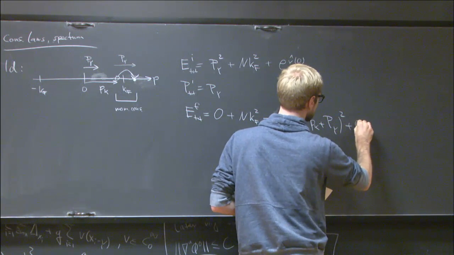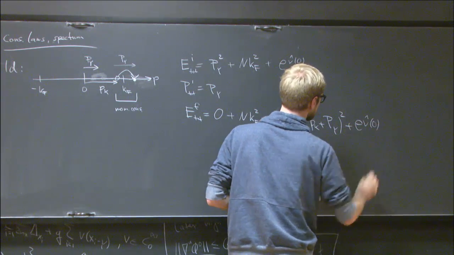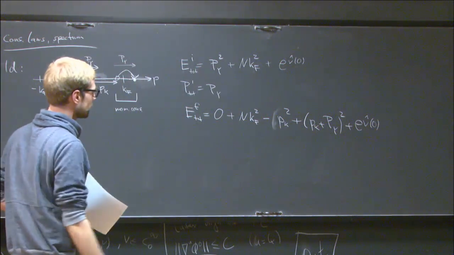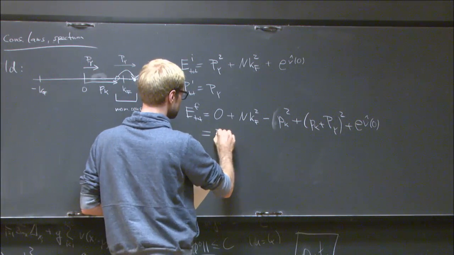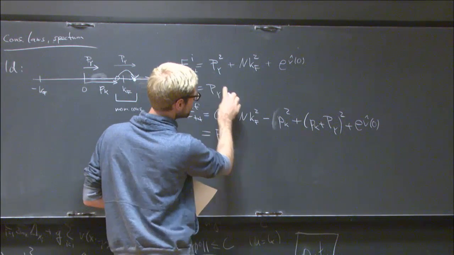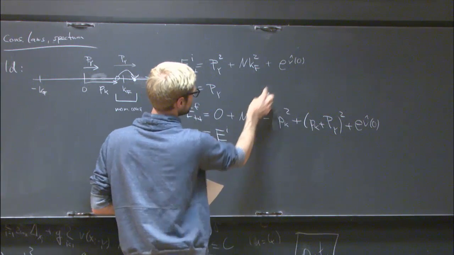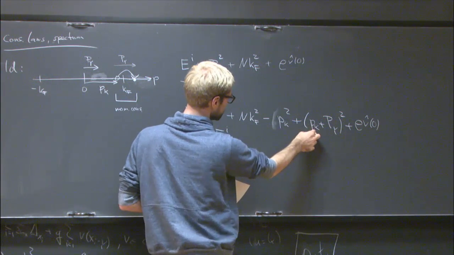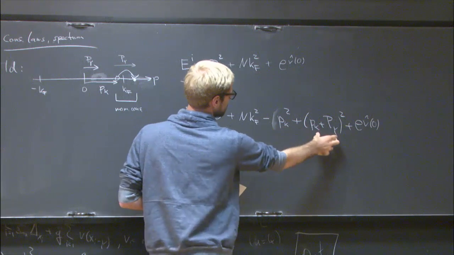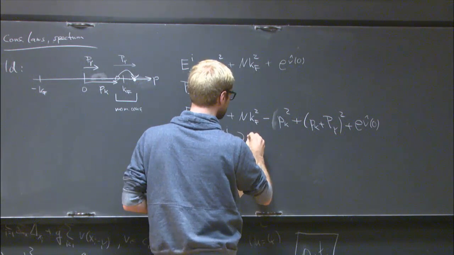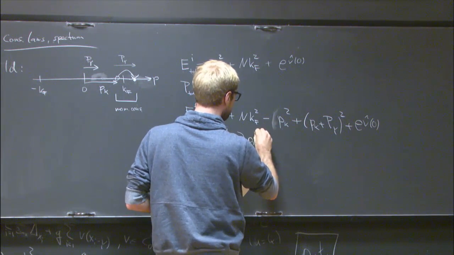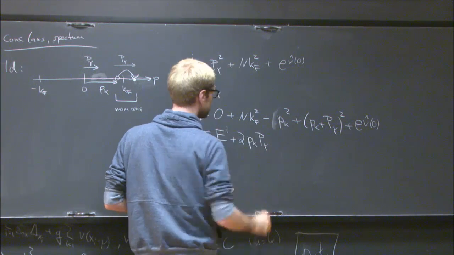Plus you still have this constant mean field. So compared to the initial energy, the p_y squared cancels, and only the cross term 2 p_k p_y remains.